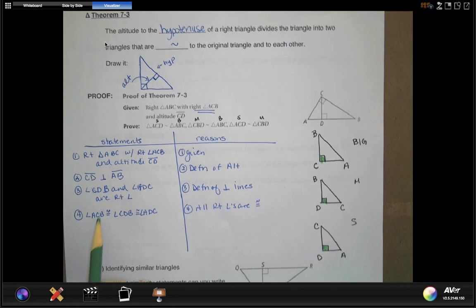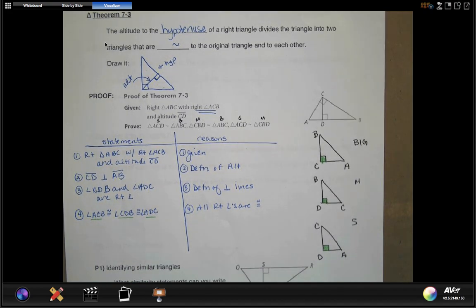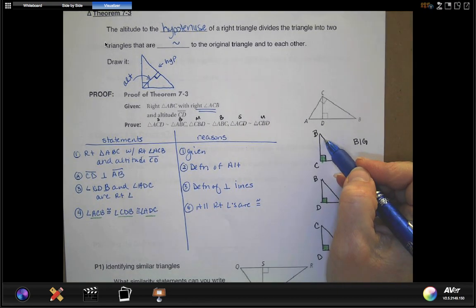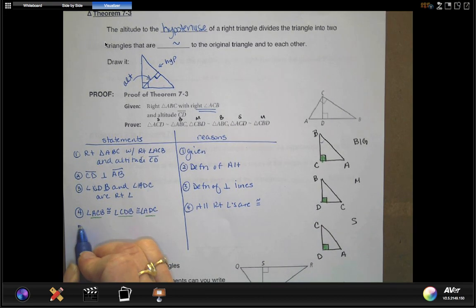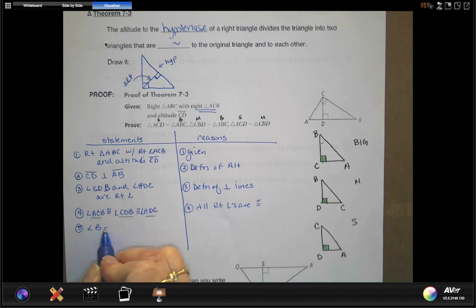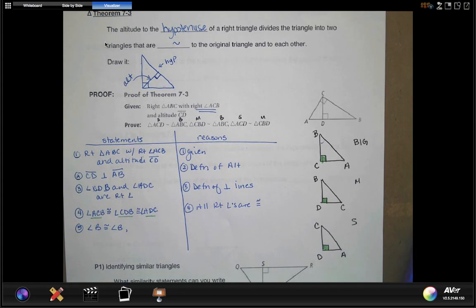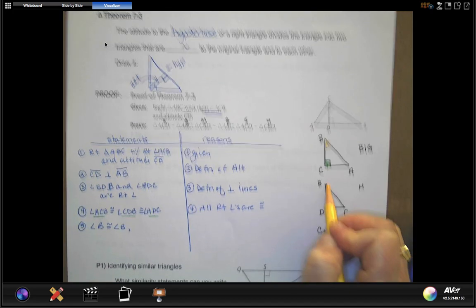I'm just going to underline this here so you can see what's happening. Oh, but lo and behold, is not this angle B here the same as this angle B here? So angle B is congruent to angle B. So these two angles are congruent to each other.